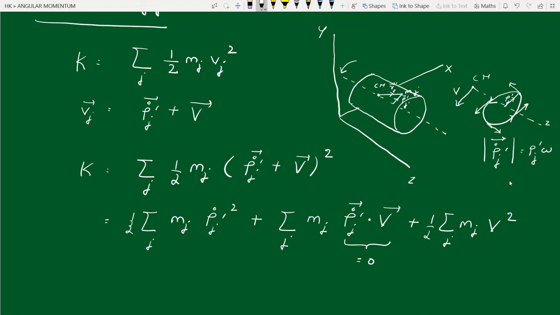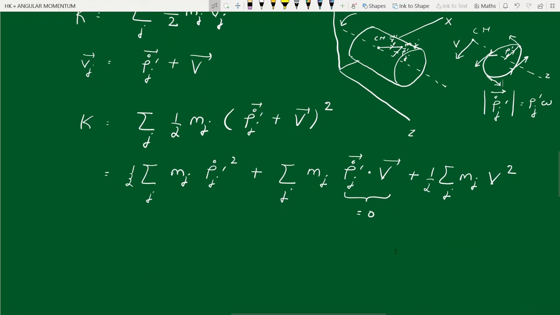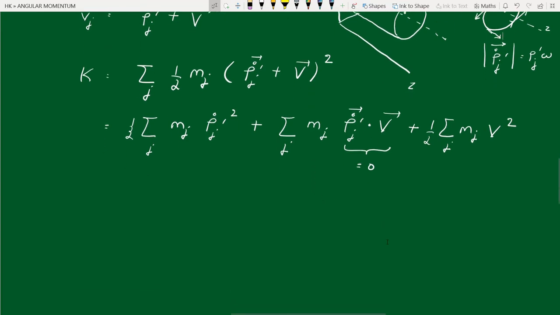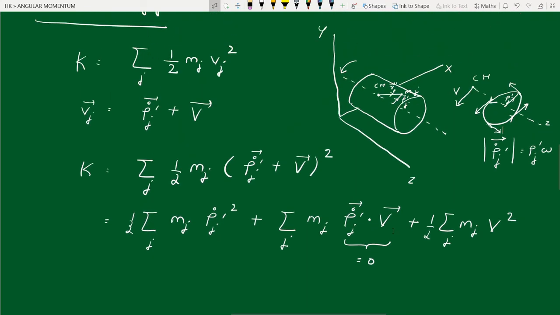If you consider all the directions of rho j prime dot around this circle, this dot product will cancel out. So the sum will be 0. Then it doesn't mean that rho j prime dot is always perpendicular to v.